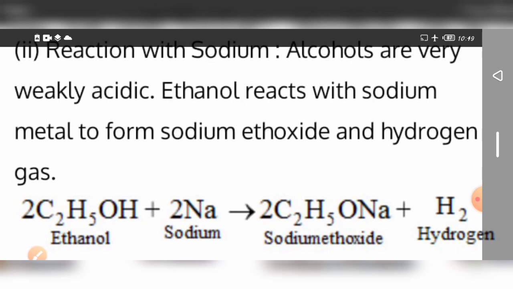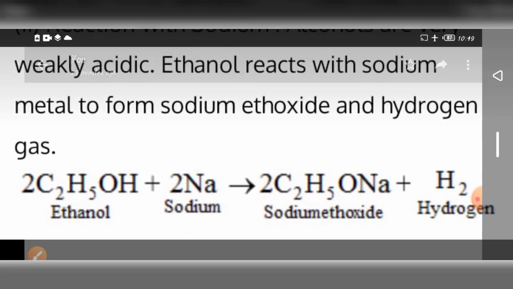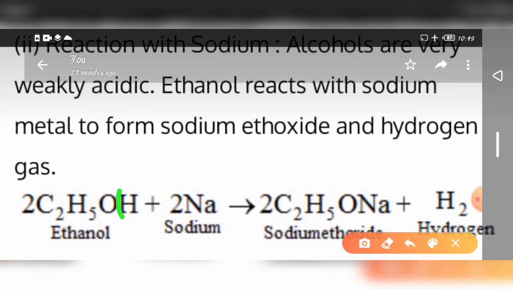Next, reaction with sodium. Alcohols are very weakly acidic. Ethanol reacts with sodium metal to form sodium ethoxide and hydrogen gas. See here, this hydrogen will be removed, so this Na will be combined with this one.